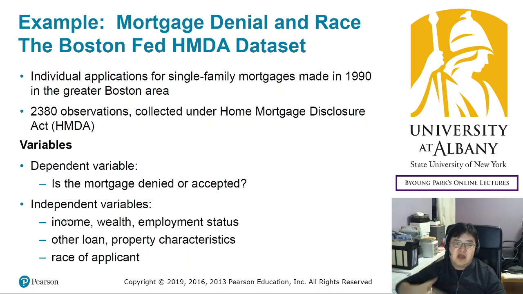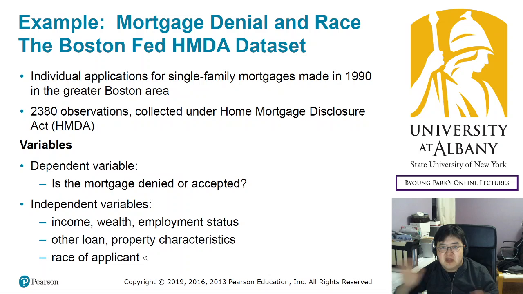Income is annual income, and wealth is how much you have in your savings account or in your stocks, so cumulative income is wealth. We also observe other loan status and property characteristics, and race of the applicant.